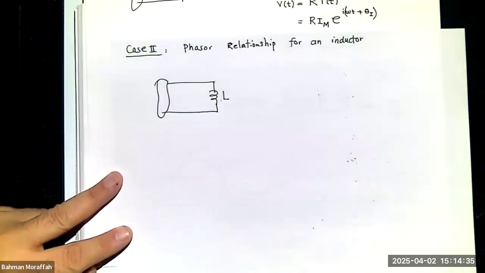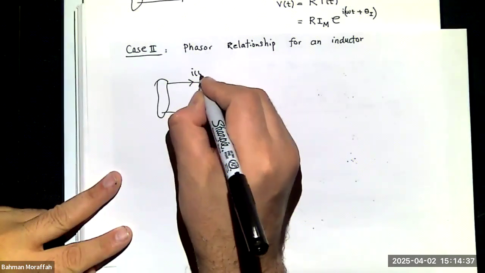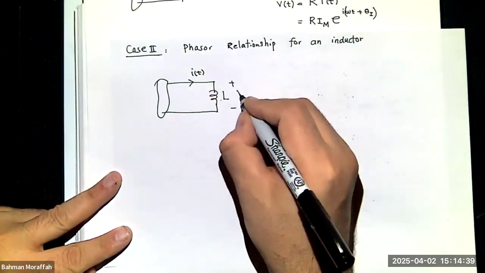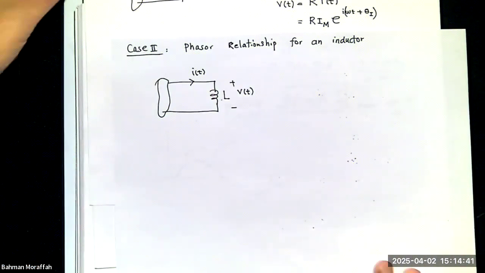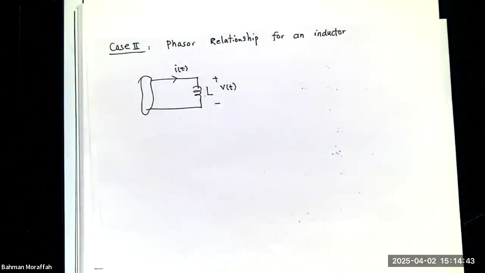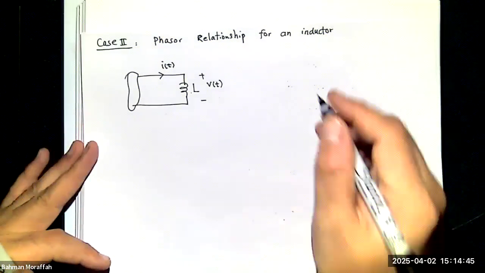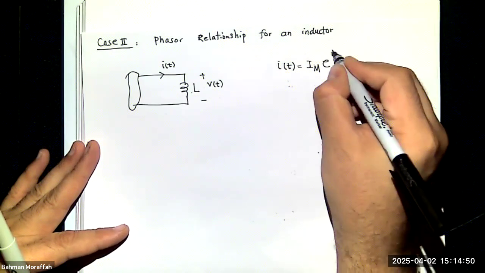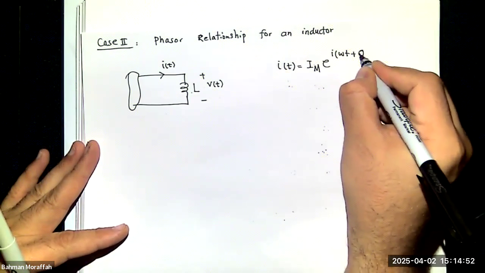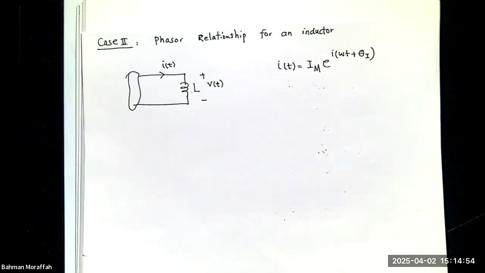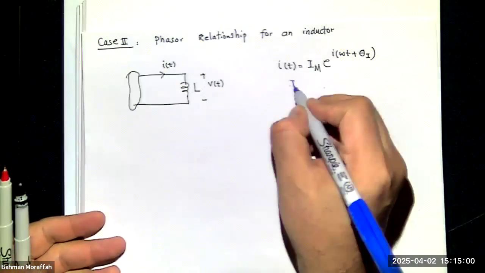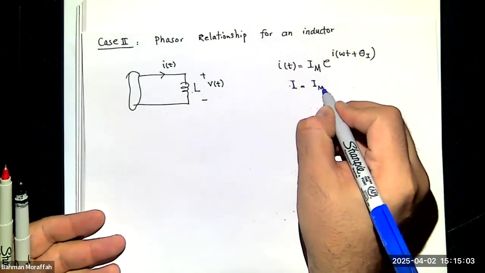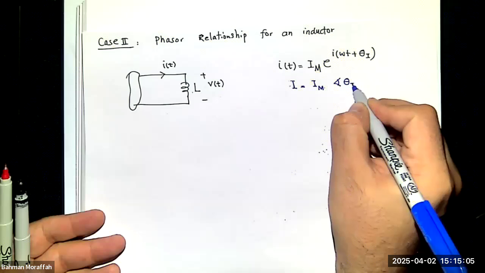I have an inductor L with current i(t) through it and voltage v(t) across it. Let's again assume i(t) is some Im e^(j(ωt + θI)), which I know has the phasor representation I, with magnitude Im and phase θI.